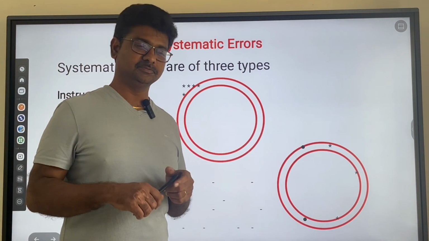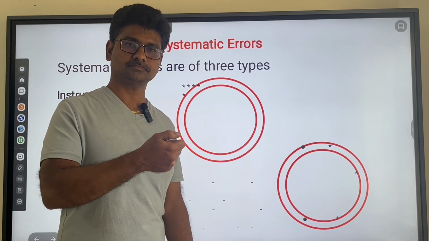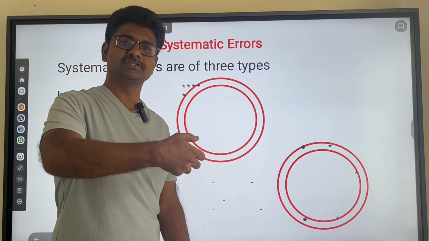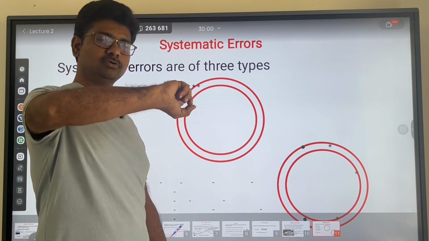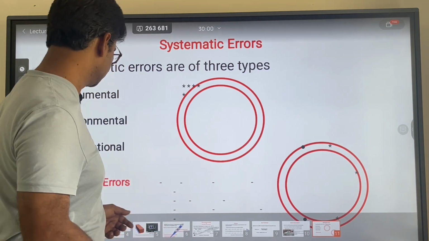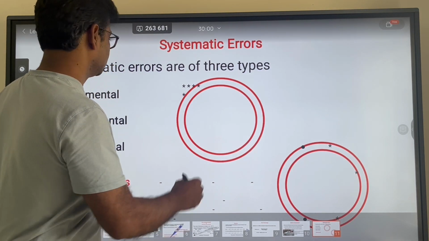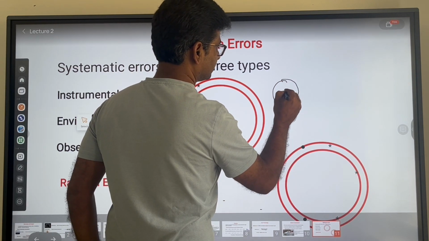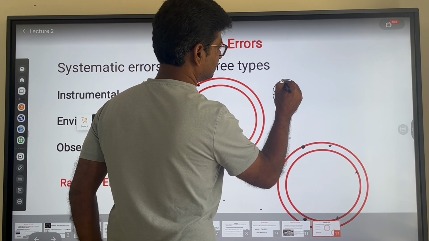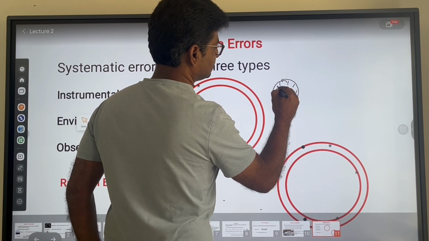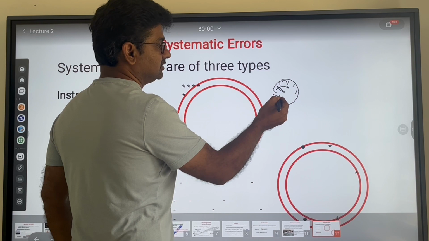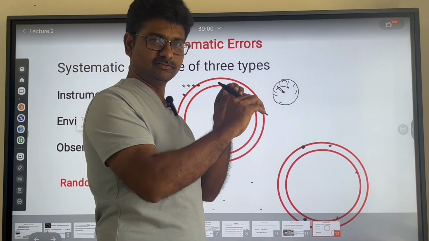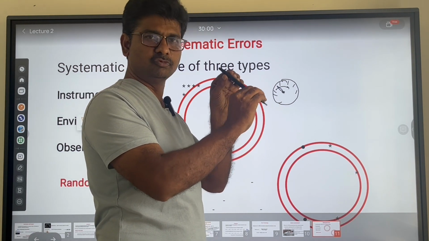Let us see, you are using a pressure gauge, you are measuring pressure. There is a spring problem inside the pressure gauge, which actually should change your dial gauge, right? So you have a dial gauge like this, where you have something like this. It has to turn. Now what happens if there is a problem inside the spring, and the dial is supposed to move, but it is not moving perfectly?